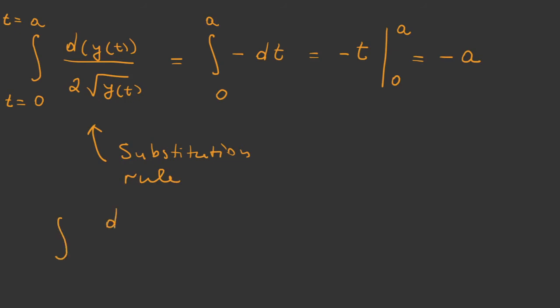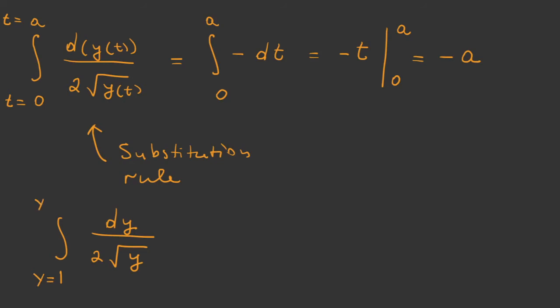I don't really need to do anything except remove that dependence on t. But we will have to change the limits of integration because now our variable of integration is y, and when t equals 0, y equals 1, so the lower limit of integration will be y equals 1.